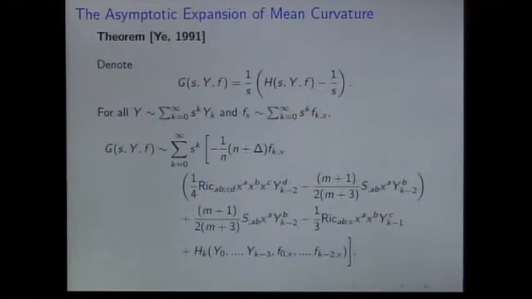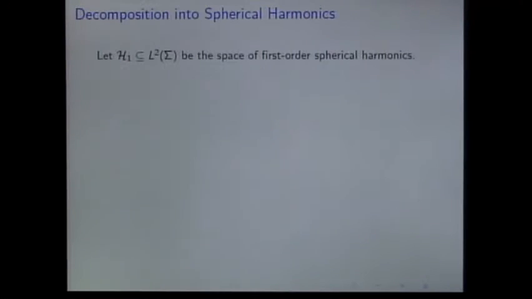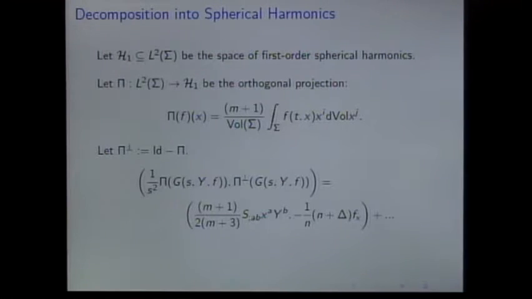So this disappears. When you look at the spherical harmonics of order 1, you only get terms of order k minus 2 in y. This gives you a factor of s squared, which you can then divide out. And what you're left with is this, plus something which is of order 0. But that doesn't matter. The point is this: remember that our scalar curvature function is of Morse type. That means that this matrix S_ab, the Hessian matrix of S about p, is invertible.